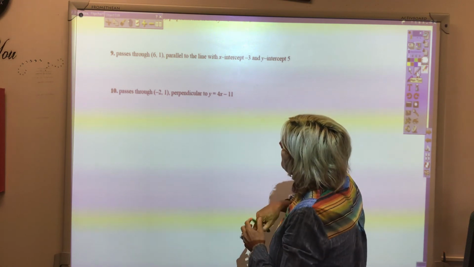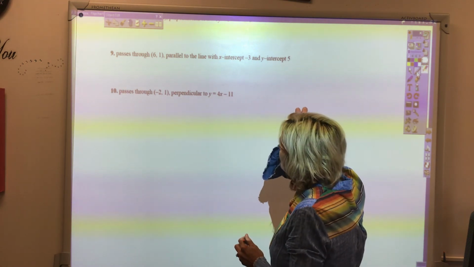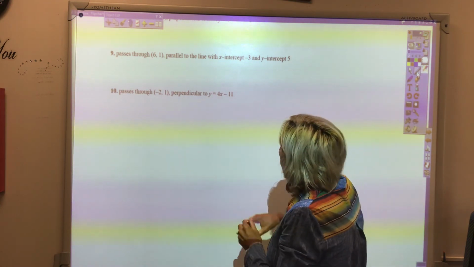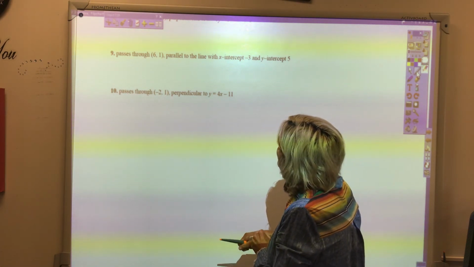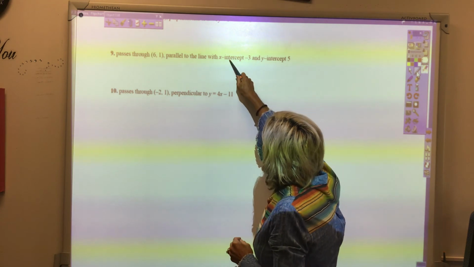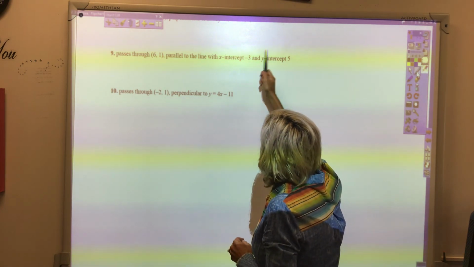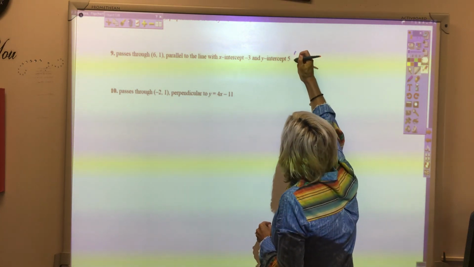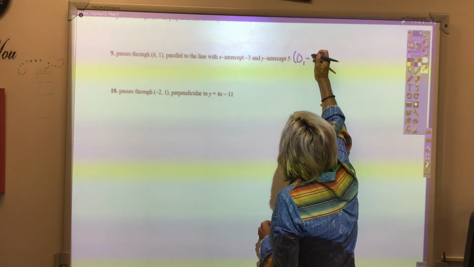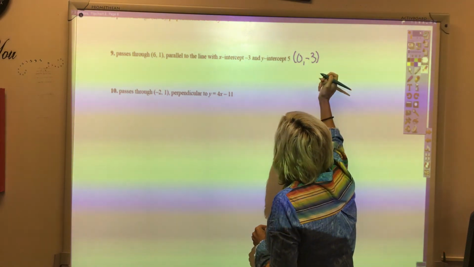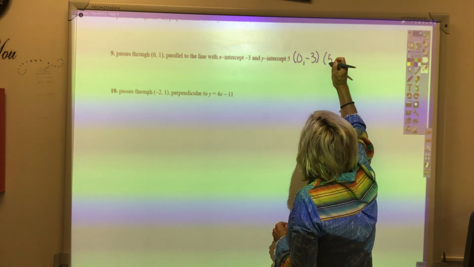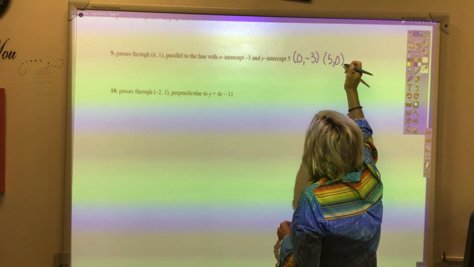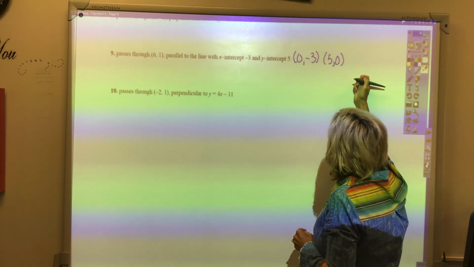Okay. The next one is going to be a little tricky. We pass through the point 6, 1, and we're parallel to the line that has an x-intercept of -3, so that means it has an ordered pair of -3, 0, and a y-intercept of 5, so 0, 5. So we're going to have to find the slope of this line first.